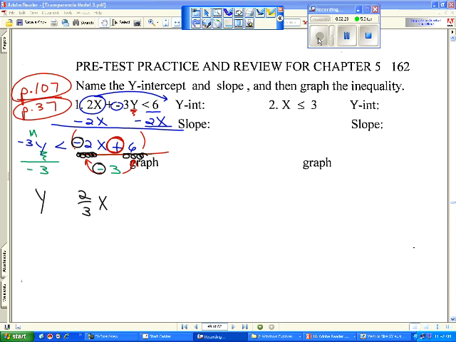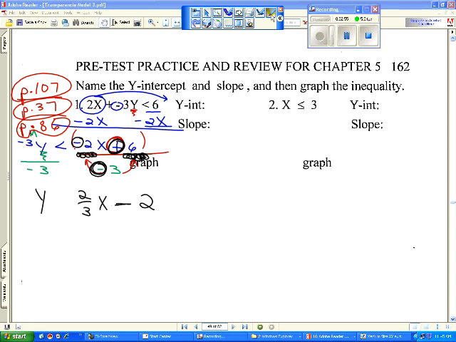That 2/3, the coefficient of x, is going to be our slope, which means to go up 2, right 3. And then we divide the 6 by the negative 3, and when you divide with different signs, the answer is negative, so we put a minus. 6 divided by 3 is 2. And then we have the flipping it rule from page 86, if you need to study that little rule.